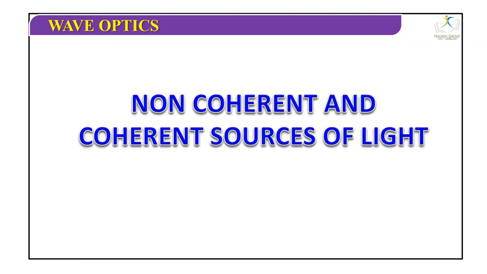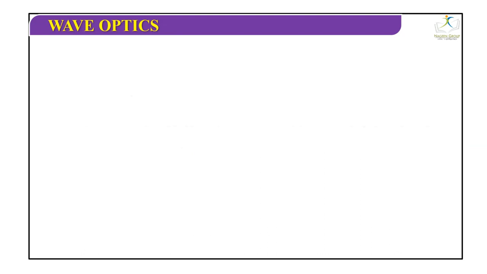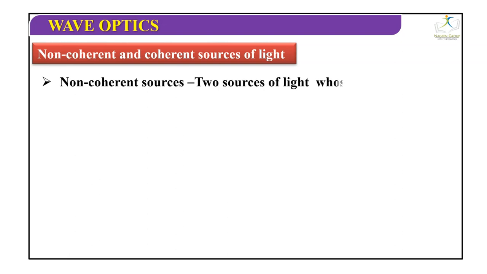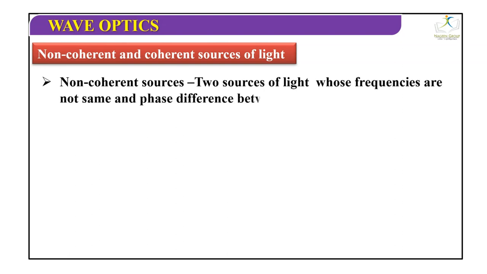Now the topic is coherent and non-coherent sources of light. For exam purposes, this topic is important only for 2 marks questions. So what are non-coherent and coherent sources of light?